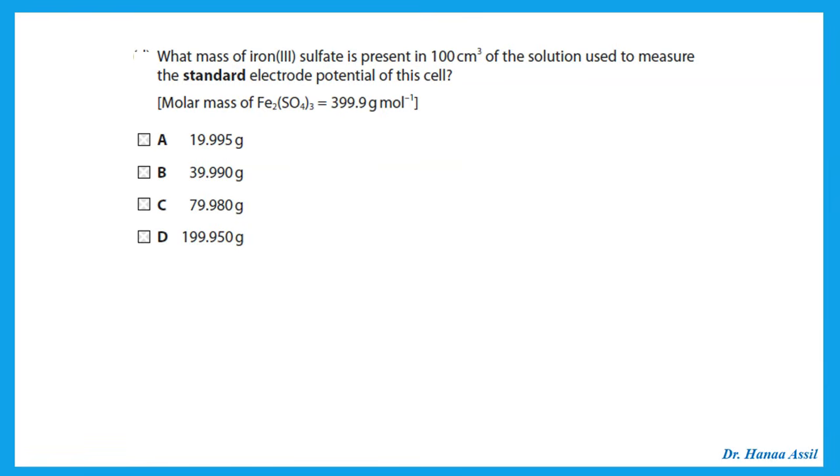Okay, we said the solution in the half cell should be 1 mole per decimeter cubed of each ion that we need. Now, this question says what mass of iron 3 sulfate is present in 100 centimeter cubed of the solution used to measure the standard electrode potential of the cell. Remember, overall I want a concentration of 1 mole per decimeter cubed of the iron 3 plus.